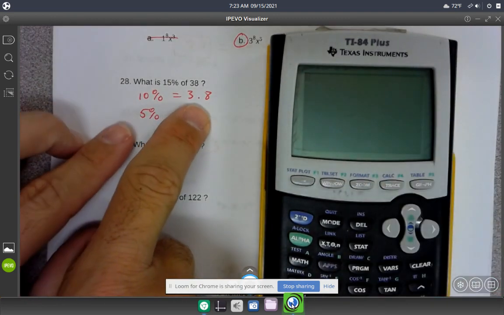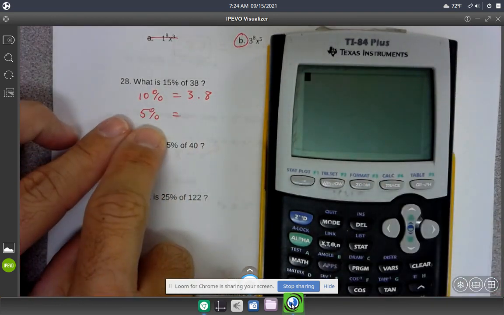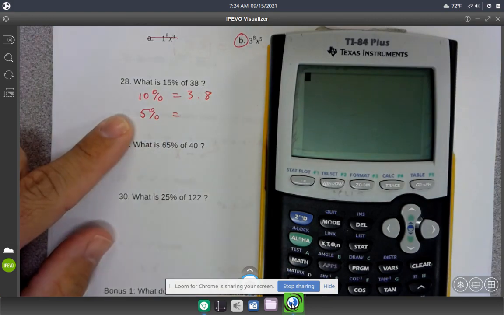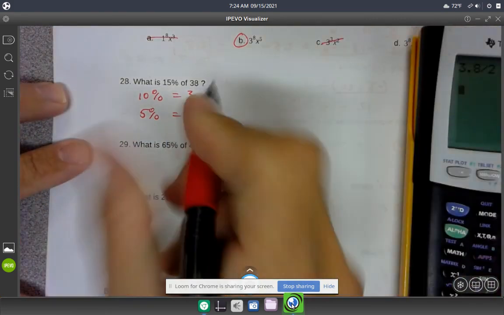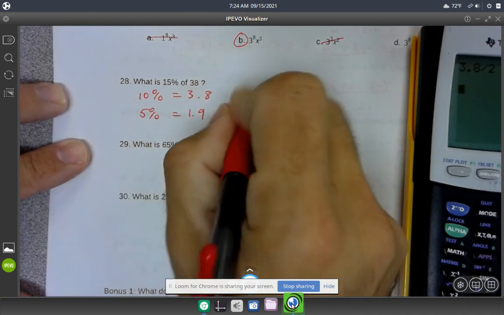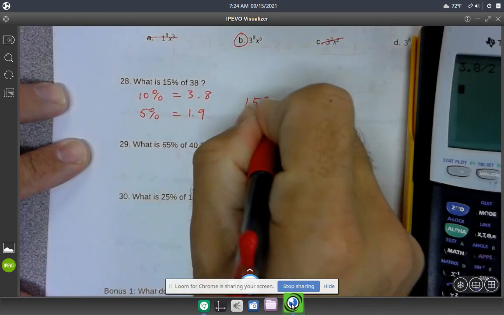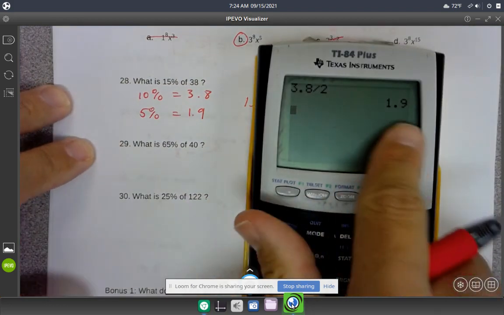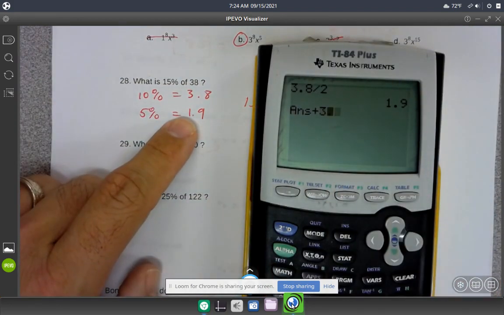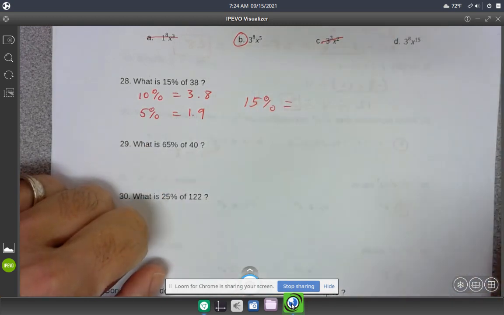So 3.8, I need to cut that in half to represent 5%. 3.8 divided by 2. That's 1.9. So 15%, I'll just add these two answers. So 1.9 plus 3.8. That's 5.7.